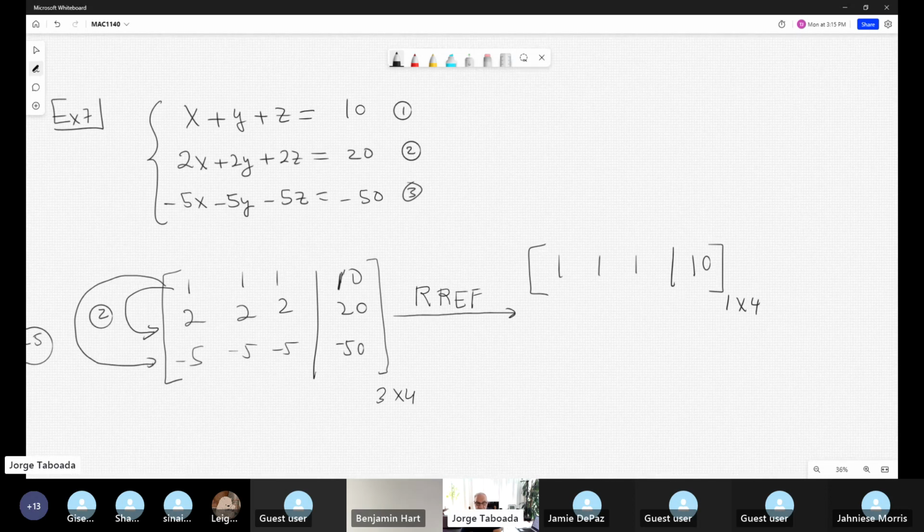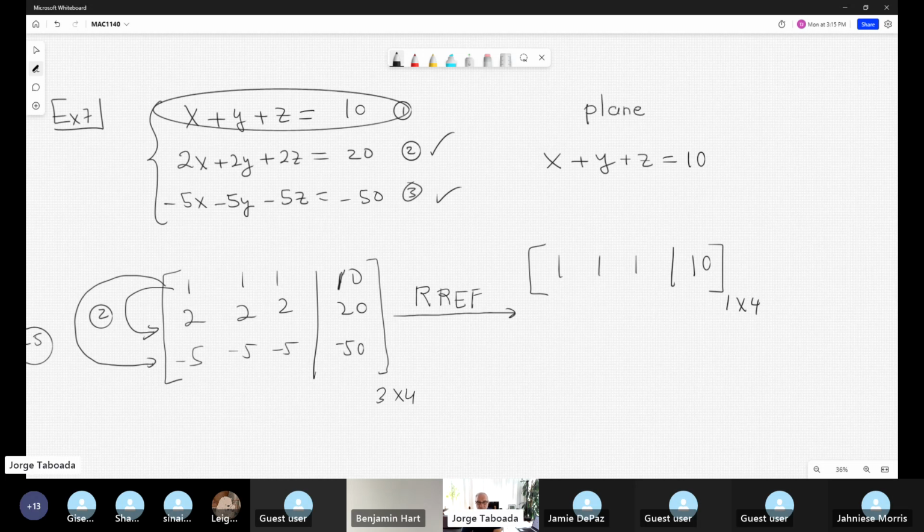This is x plus y plus z equals 10. It's exactly, by the way, the first equation. I proved mathematically that the second and the third are the same, a stupid thing. So now, what is that? It's obvious that it's a plane. How do you know that it's a plane?